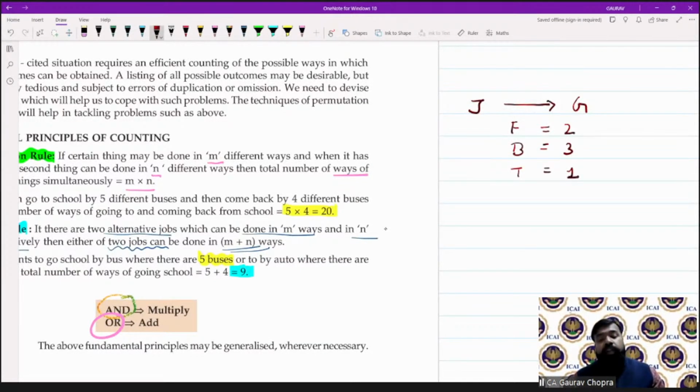So in how many ways can we reach from Jodhpur to Goa? This time again we can opt for only one, either we will travel by flight or by bus or by train. So there is an option, therefore we will add them. So there are 6 ways of reaching Goa.